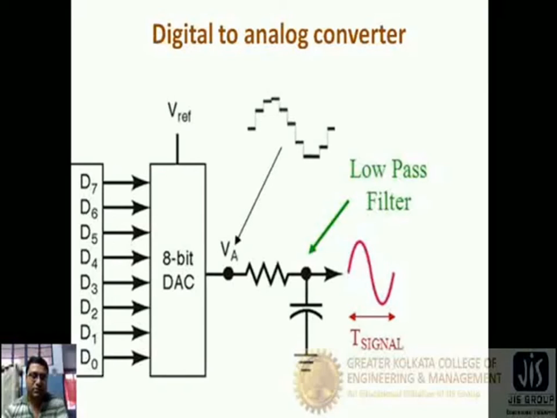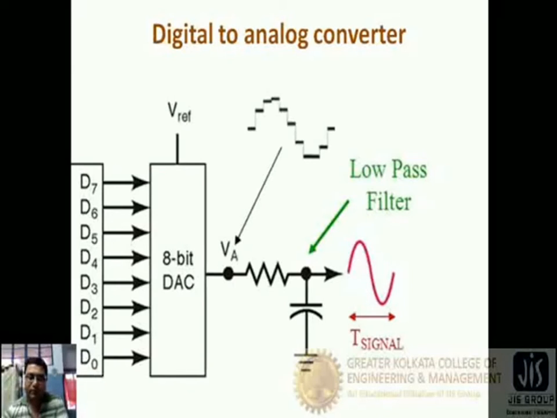Now in the receiver domain we'll discuss how the digital signal is converted into an analog signal, because at the end of a telephonic conversation we have to hear the voice, not the digital signals, because the digital signals are meaningless to hear but the analog signal makes sense.